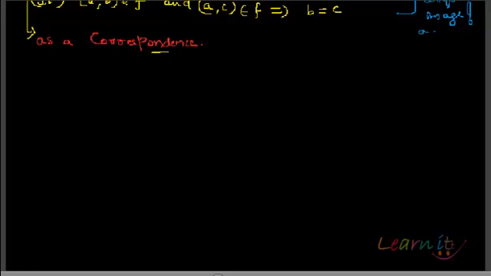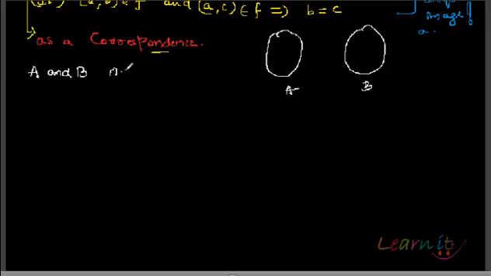Now, as a correspondence, what would we mean by correspondence? It would mean that there is some sort of association between the elements of the two sets A and B. Let A and B be non-empty sets, with certain elements in them.